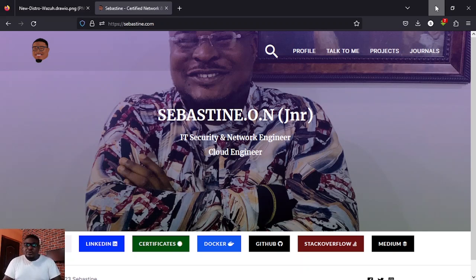Now, the question most people would ask is, what of a situation where I have a Cisco router, a FortiGate device, and it doesn't have the functionality of being able to install the Wazuh agent? Yes, so you can also send data from those devices to the Wazuh API. The Wazuh server has a feature called the Wazuh API, where you can send data from agentless devices.